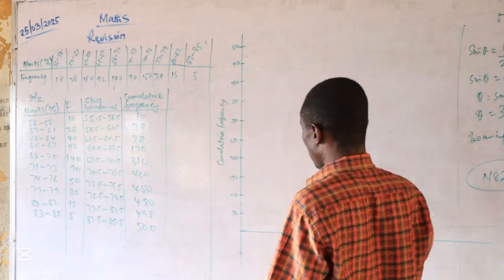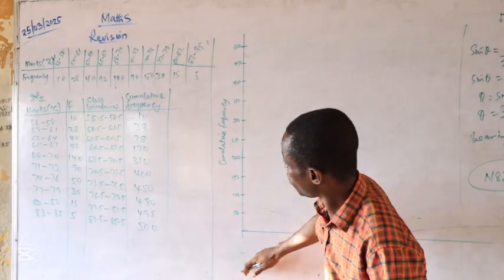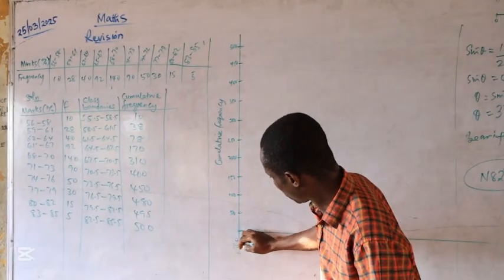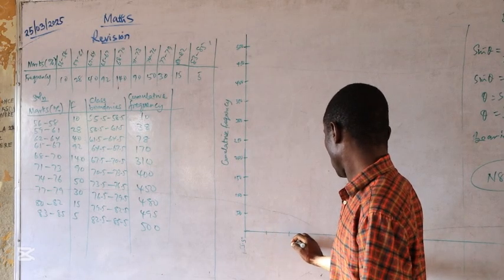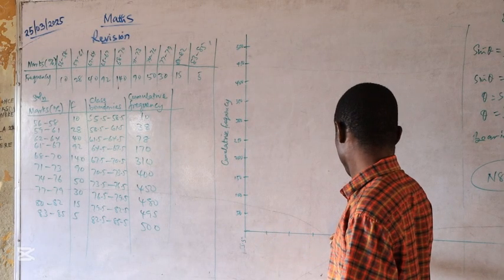So this one now is 55.5, but I will not plot anything on it. Let's say this is 2 centimeters, 2 centimeters, 2 centimeters.